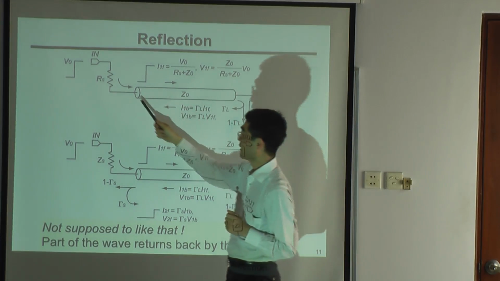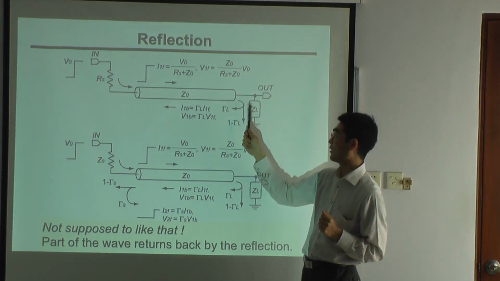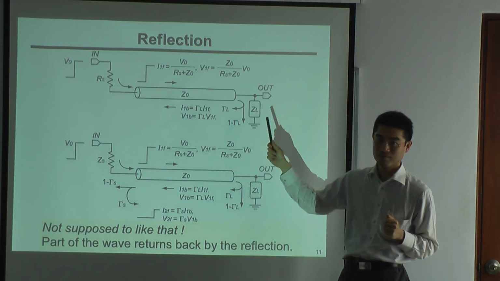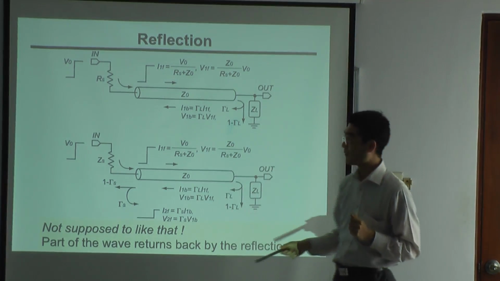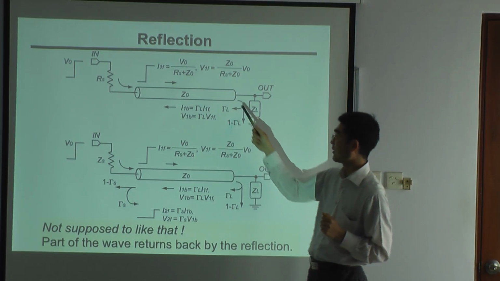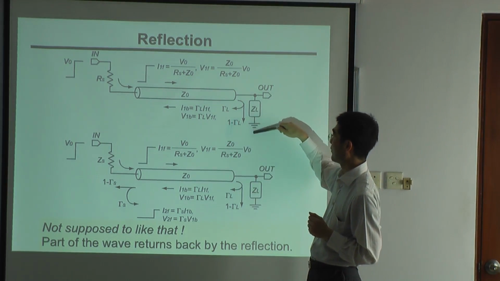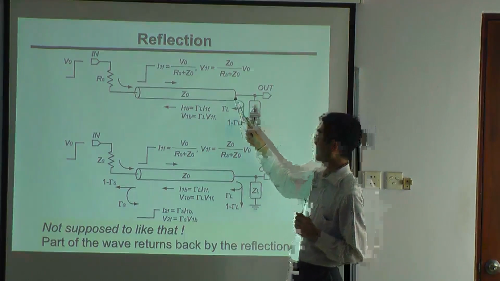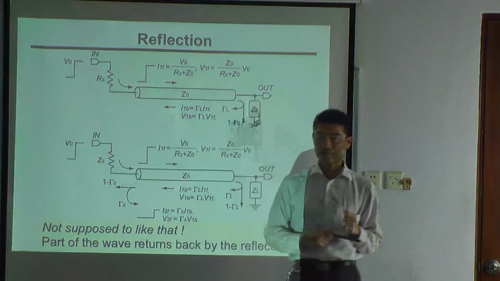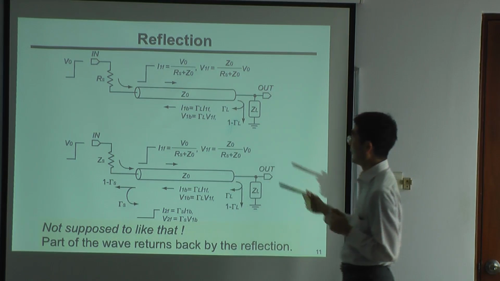But when it comes to here, it assumes there is Z0 termination, but actually this is RL, not Z0. So here, it finds that it made a mistake. So part of the signal goes into the load, and part of the signal is reflected and goes back.